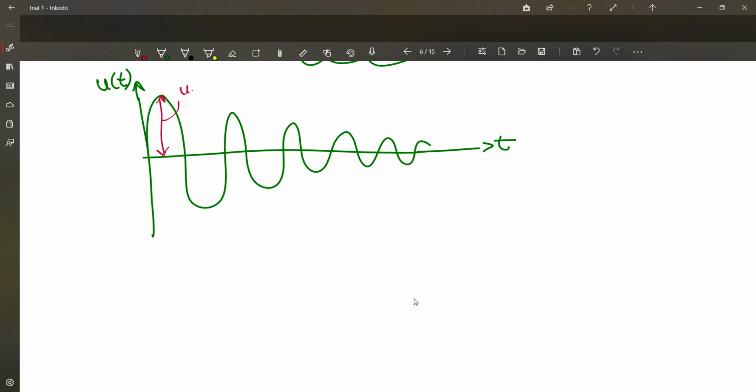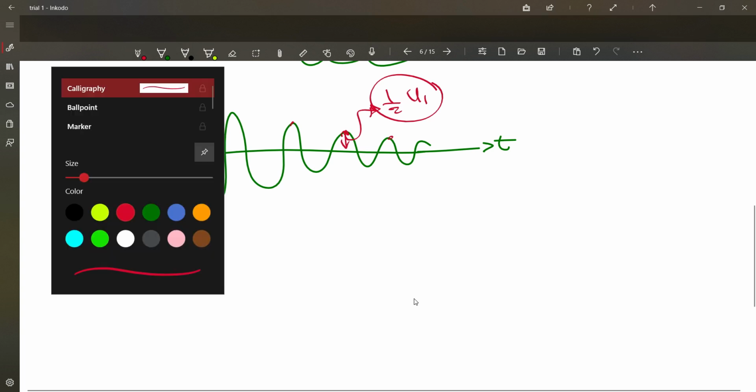So this is like u1, but we want to say after how many cycles this u1 is going to reach half, for example, which is going to be half u1. We want to get the number of cycles. We do not know where exactly, this crest or this one. We do not know.